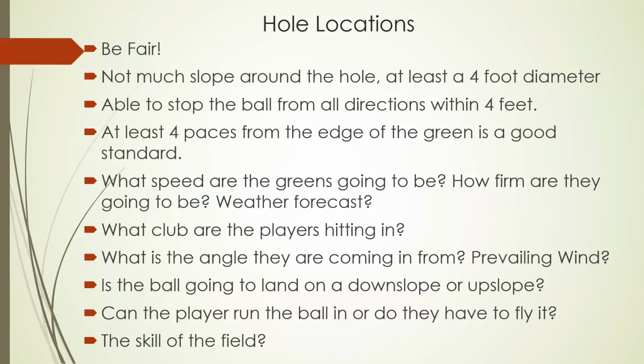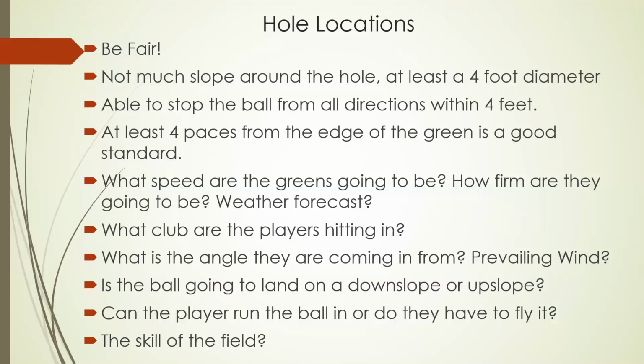We try to make sure there's not much slope around the hole. I've seen people get a level out or use their iPhone as a level, and if there's a 1% slope around the hole, that's usually okay. When it gets up to 3%, that's not usually okay. If you're not familiar with that, that's okay. That's just a way to designate how big a slope is, the percent of the slope. If you don't want to do that, what we just do is roll balls from all directions around the hole.